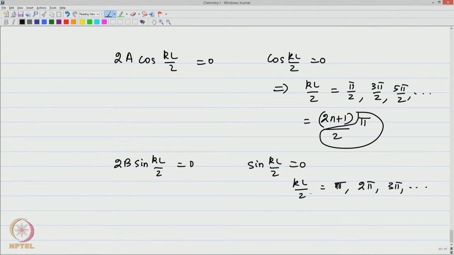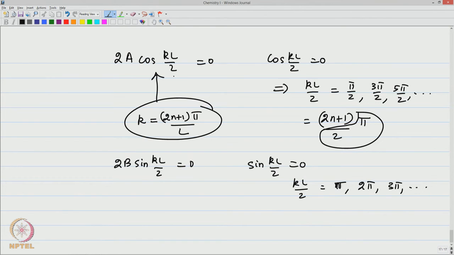Therefore, k L is 2 pi, 4 pi, 6 pi, etc. So, you can see that the wave functions are slightly different, because if k L by 2 is 2 n plus 1 times pi by 2, then what is k? k is 2 n plus 1 pi by L, that is for this solution. And here k is equal to 2 n pi by L, that is for this solution.